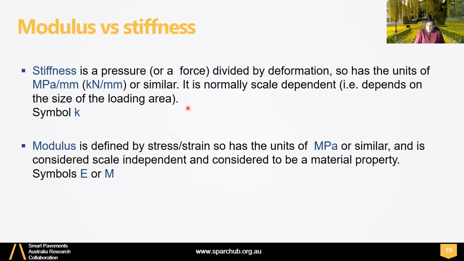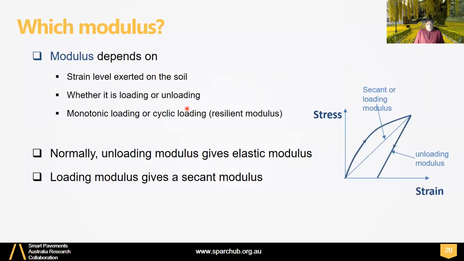So that's the one normally one should report, not the stiffness. Then one should ask the question, which modulus? Modulus also depends on a number of things. We mentioned the stress or the strain level exerted on the soil, whether it is loading or unloading. For example, look at this stress strain diagram for soil.